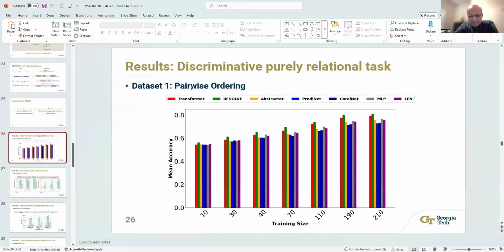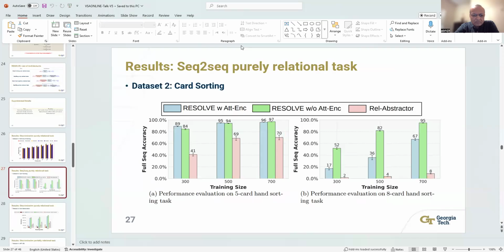So here we have the results of pairwise ordering. As you can see, the ReSolve outperforms all the baseline models, and we used as few training samples as we can. Here we assessed the relational abstractor for card sorting, and as you can see, we have a high accuracy level compared to the relational abstractor, and this is more obvious for the 8-card sorting.